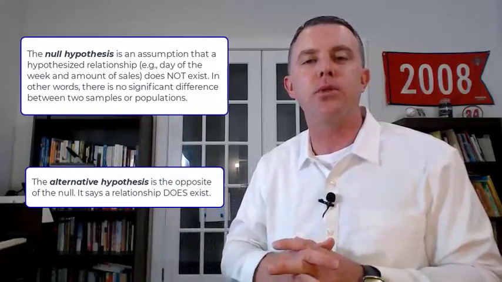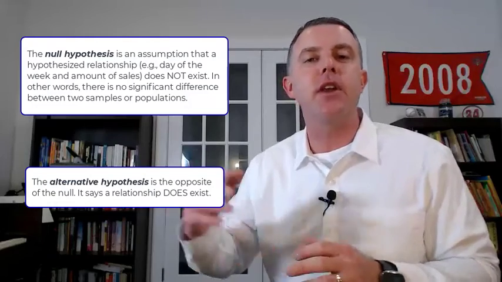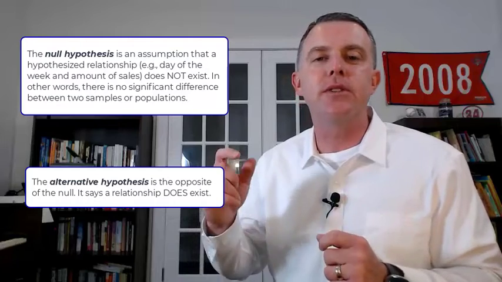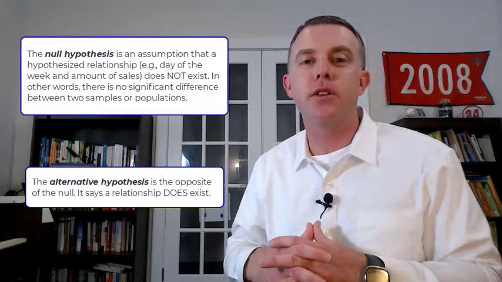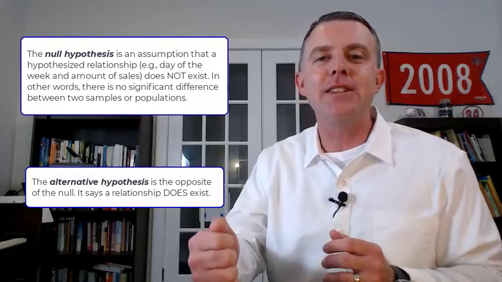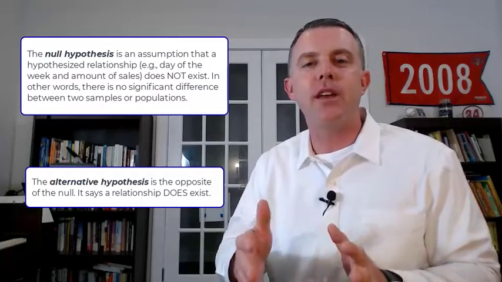We do believe, we're trying to prove, that sales are higher on Saturdays than they are on Sundays. So our job is to disprove the null hypothesis. We're trying to gather evidence that is inconsistent with the idea that there is no relationship between the day of the week and sales. All right, and we'll do this through hypothesis testing.